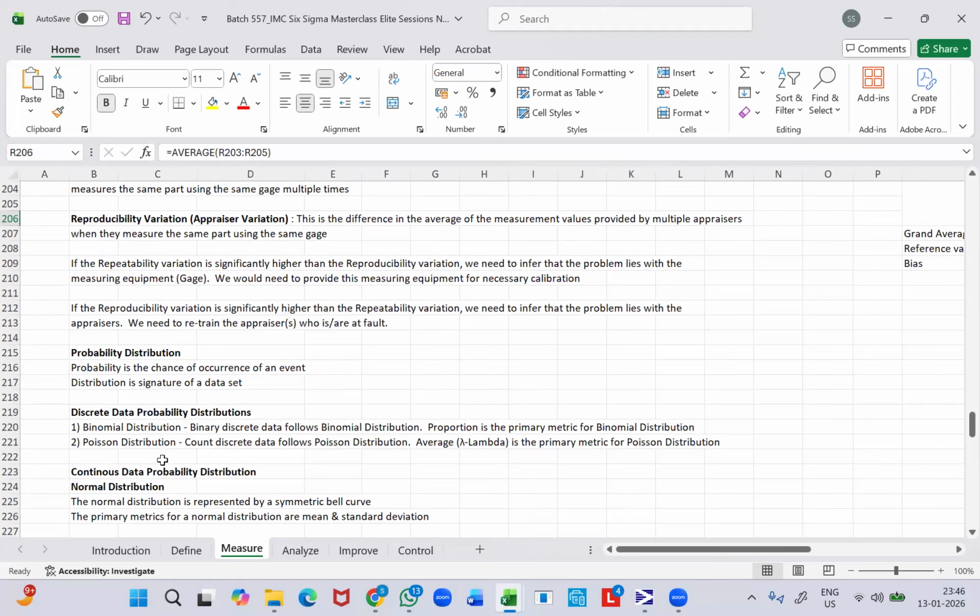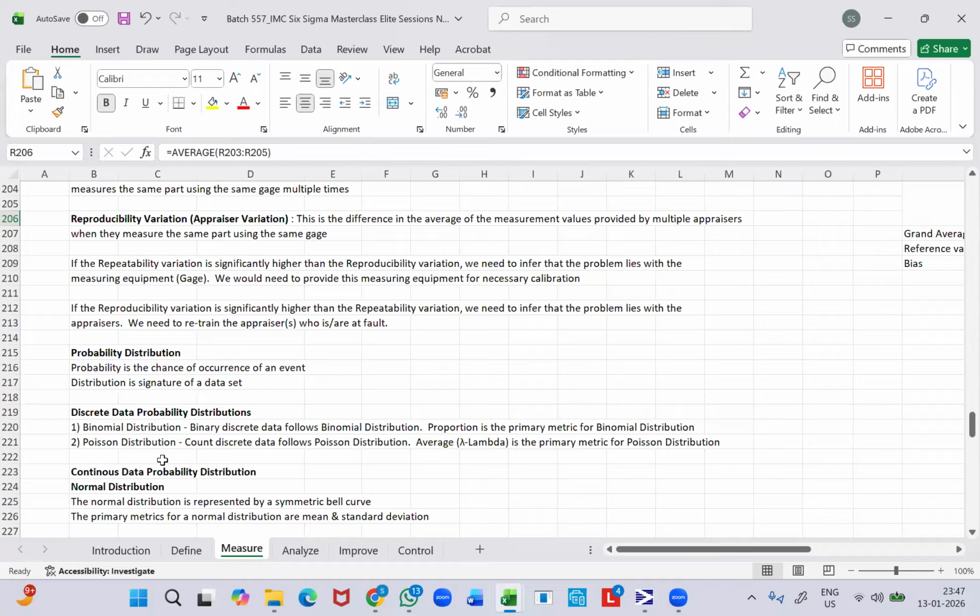So we are not going to go beyond that, because probability distribution again is a very vast subject in statistics, right? So we are not going to go beyond with regard to the statistical concepts under probability distribution. We are going to restrict ourselves to learning only those which are required as part of our Six Sigma curriculum.